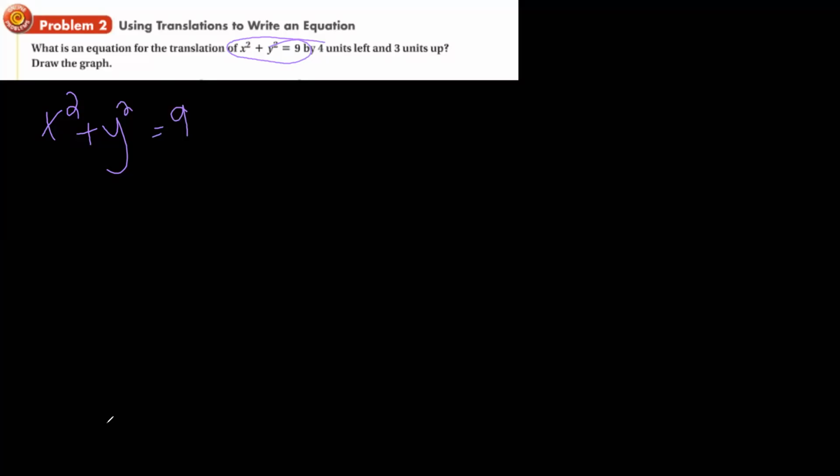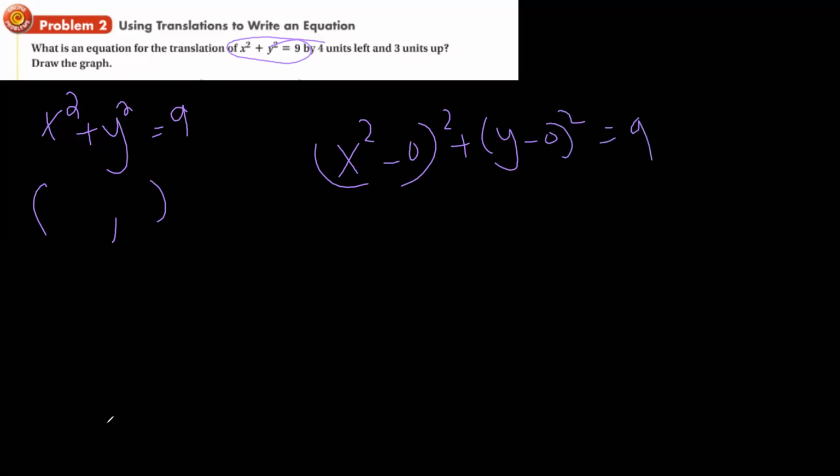Now from this one, what is the center of the circle? If you have x squared plus y squared equals 9, it is the origin. What is the center of the circle?